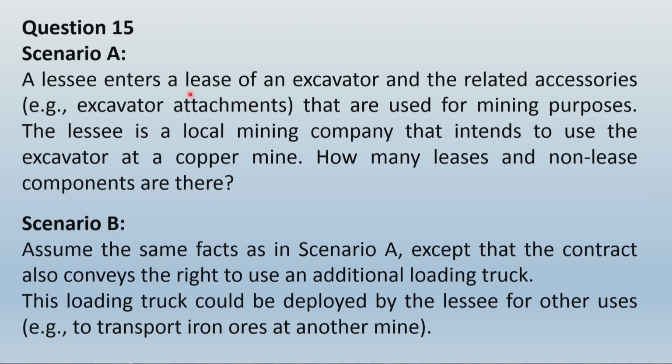Exactly the same way here, the excavator attachments cannot be used without the excavator itself. That means the use of these assets are highly interrelated or highly interdependent. In scenario A, we can conclude that there will be a single lease component of the excavator along with the attachments.